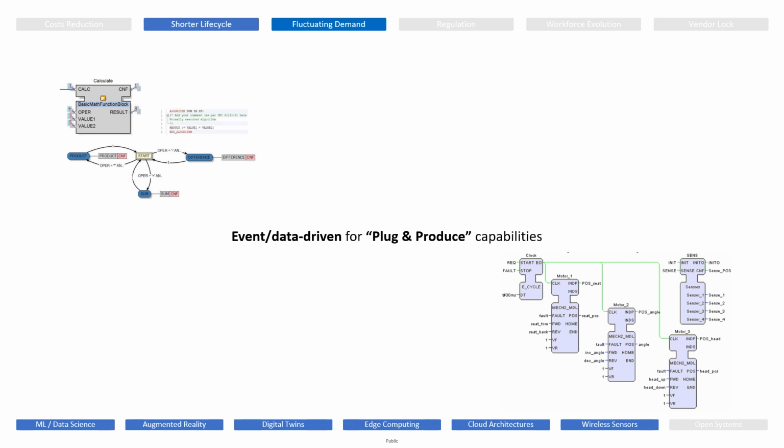It's about giving industrial systems the same flexibility we see in IT systems: modular, adaptable, and responsive to changes. In summary, event-based execution provides a modern, efficient, and scalable way to manage industrial control systems.